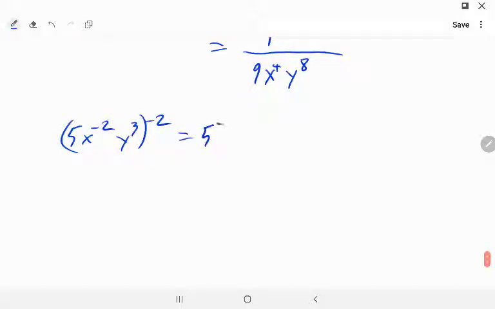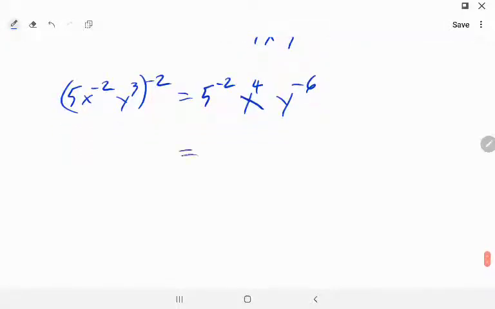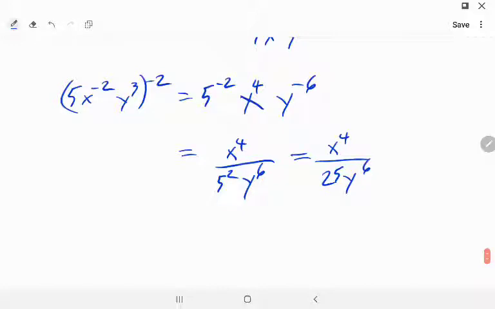We're going to get 5 to the negative 2, y to the positive 4, x to the positive 4, y to the negative 6th, and so x to the fourth stays in the numerator, but then we'll get 5 squared and y to the 6th in the denominator. You notice as soon as it goes to the other side of the division bar, the exponent sign changes, and so we get x to the 4th divided by 25 y to the 6th.